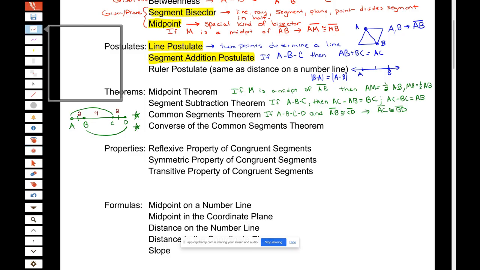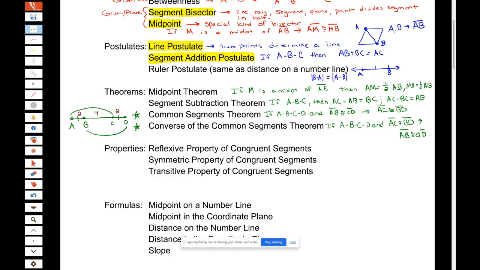Now let's look at the converse of the common segments theorem, which is going to basically switch these two parts, because we know a converse switches the hypothesis and conclusion. So again, if we have this between situation and the big overlapping parts are equal, then we can say that the small end parts are equal. That C did not turn out well. Let's fix that.